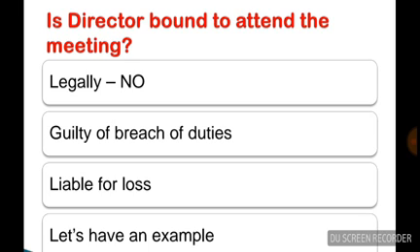That will come later, but a director should be present at least once in one financial year to not be disqualified as a director. If in the entire 12 months, that is the entire financial year, they are not present as a director, then he will be disqualified from the directorship.